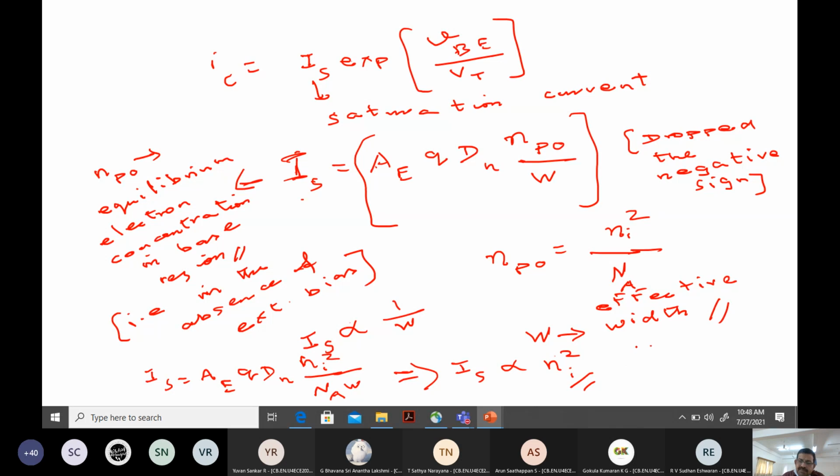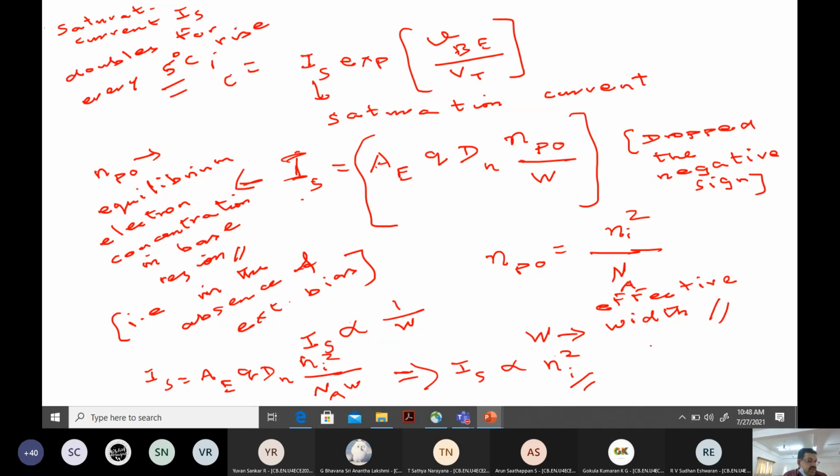For all practical purposes, you can understand that the saturation current IS doubles for every 5 degree centigrade rise in temperature. It is very similar to what we discussed with the case of the diode.